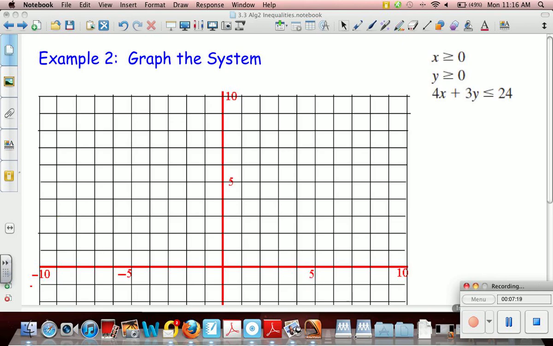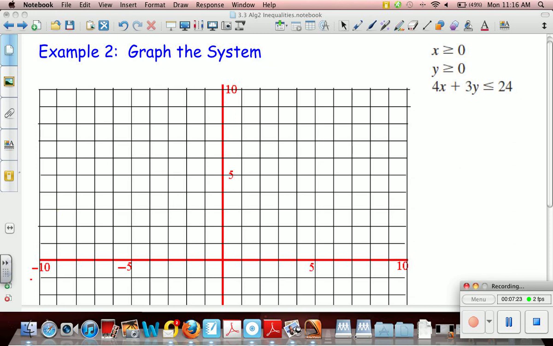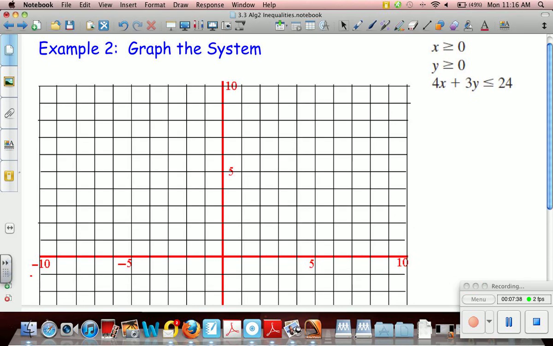Now on this one, you notice you have 3 inequalities, and that's fine. One of them is x is greater than or equal to 0. So that means that on your x-axis you find 0, and all the numbers greater than 0 for x. So it's all the ones on this side of your graph. So you can draw a line. It's going to be a solid line because it's included, and it's just on the y-axis when x is greater than 0.